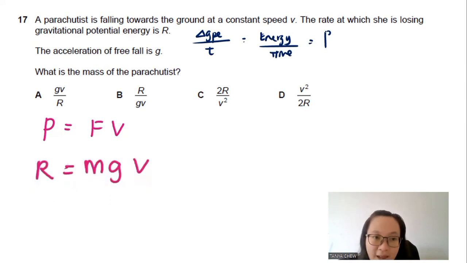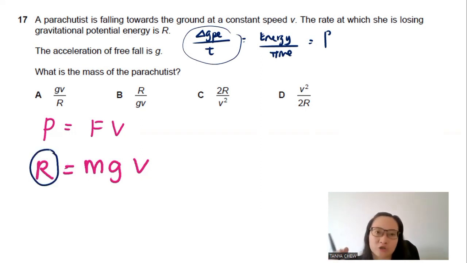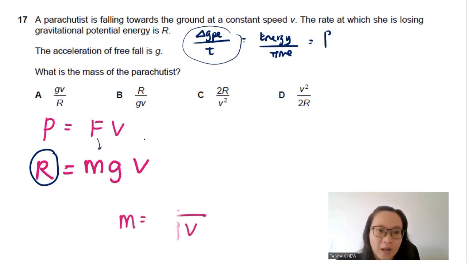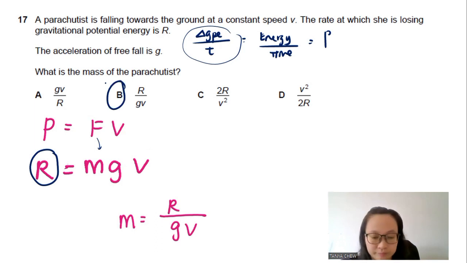Because the rate of gravitational potential energy is power, I put R. And because the parachutist is falling, I replace F with the weight, mg, times v. Then I make m the subject: R over gv. So B is the answer.